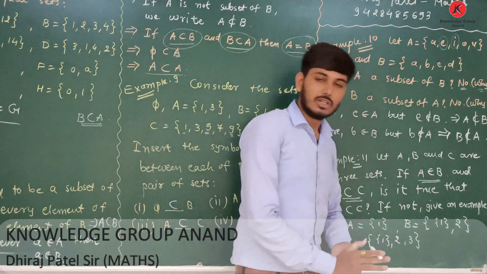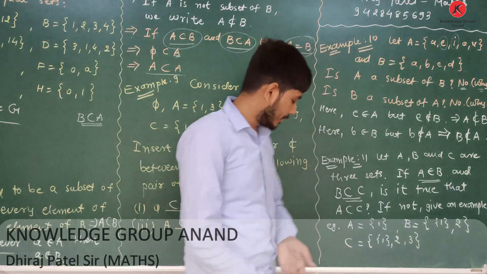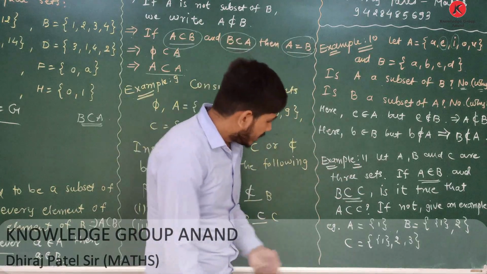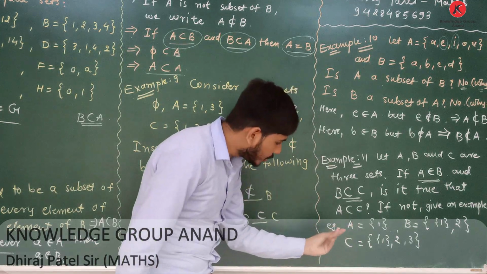You can take 2, 3, 4 extra elements there. Now check: is it true that A is a subset of C?